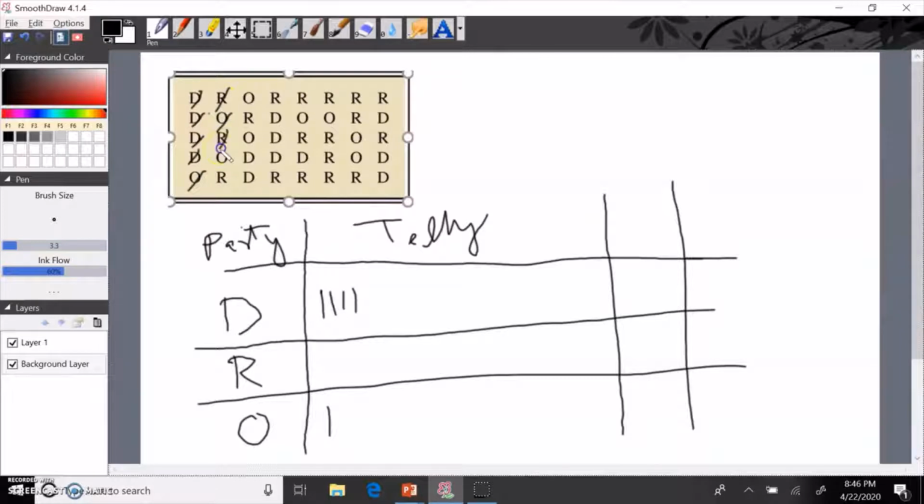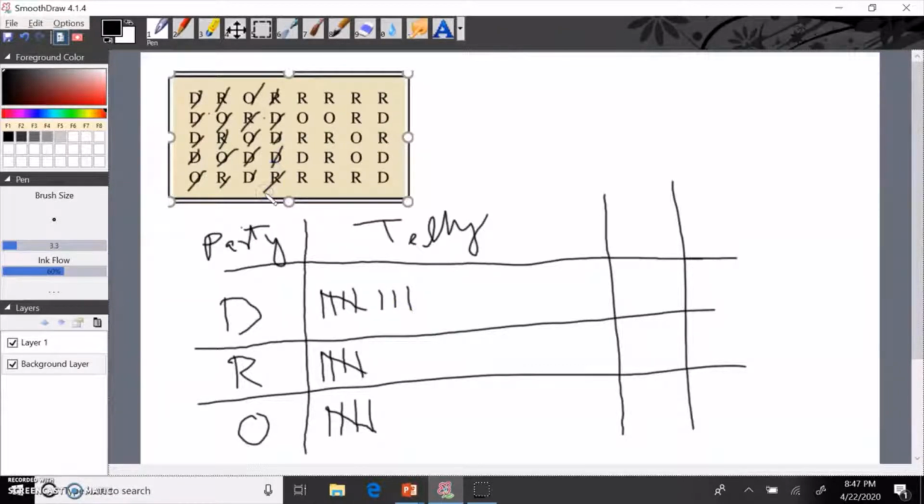Then R O R, it's an O R. It's an O and it's an R. It's O R O. When the fifth comes, I make it a bundle of 5 like this. And this is D D. I have a D and I have another D. So R D D, it's an R, a D and a D.